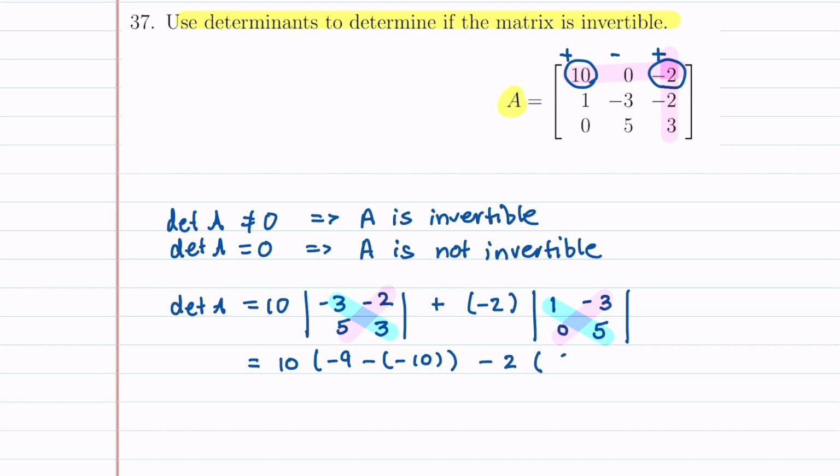Our main diagonal is 5, and our off diagonal is a 0. This gives us a 10 times a -9 plus 10, minus 2 times 5. So this gives us a 10 times 1, so this is a 10 minus 10, and that's equal to 0.